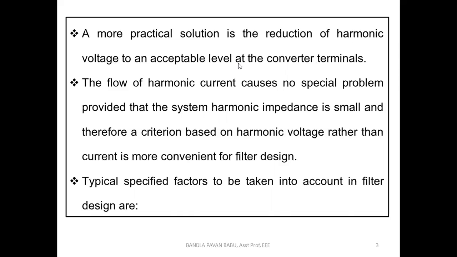So acceptable level in the sense, how can we justify it, based upon the equation, later on we'll see. The flow of harmonic current causes no special problem provided that the system harmonic impedance is small, and therefore a criterion based on harmonic voltage rather than current is more convenient for filter design. As I said, if you want to place a filter at the AC side, it is not a big issue, because we are connecting a shunt impedance there.